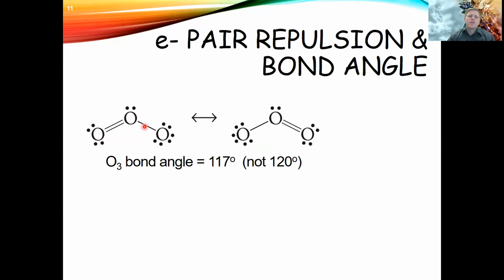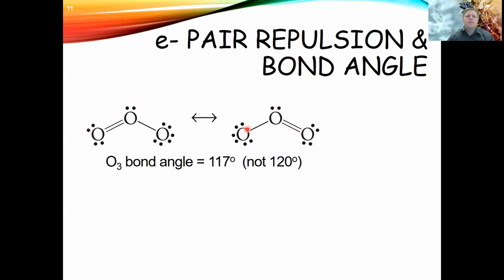We have this structure for O3 where we have this central oxygen atom. It's bound to 1, 2 atoms with a lone pair on top, so it has a steric number of 3. And it has a steric number of 3 regardless of which resonance structure you're looking at. So all of your resonance structures should have the same steric number for your central atom.